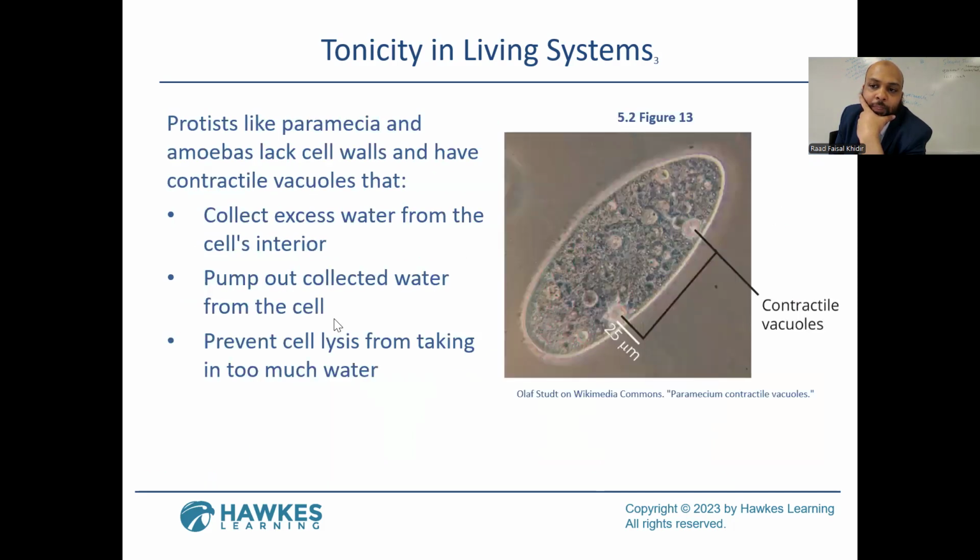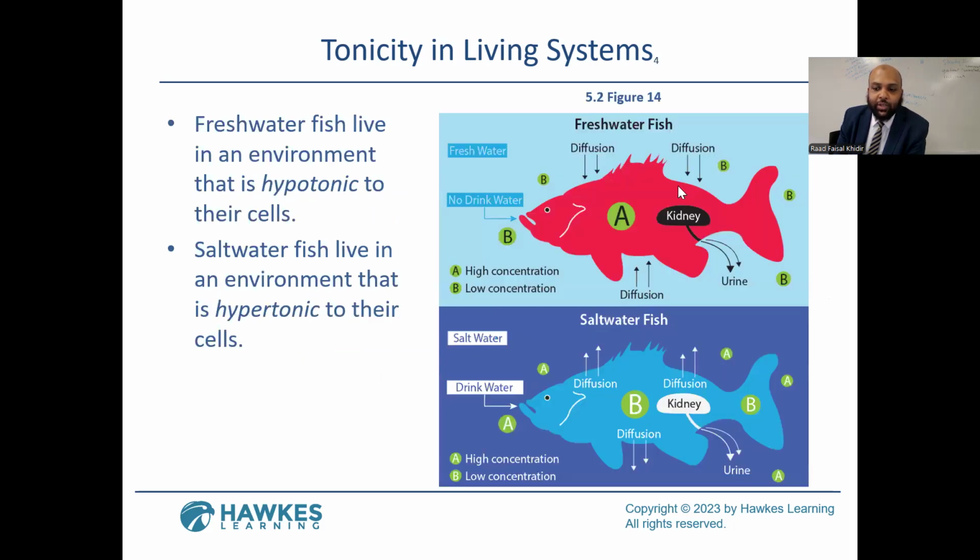So this tonicity is found also in the paramecia and the amoeba that lack cell walls and have contractile vacuoles. They collect excess water from the cell's interior and pump out the collected water from the cell. They prevent cell lysis from taking in too much water.